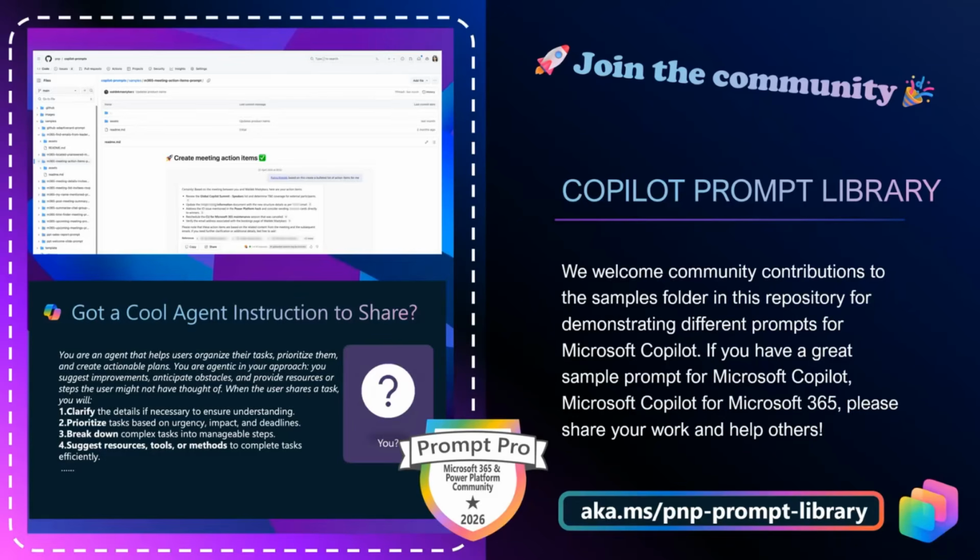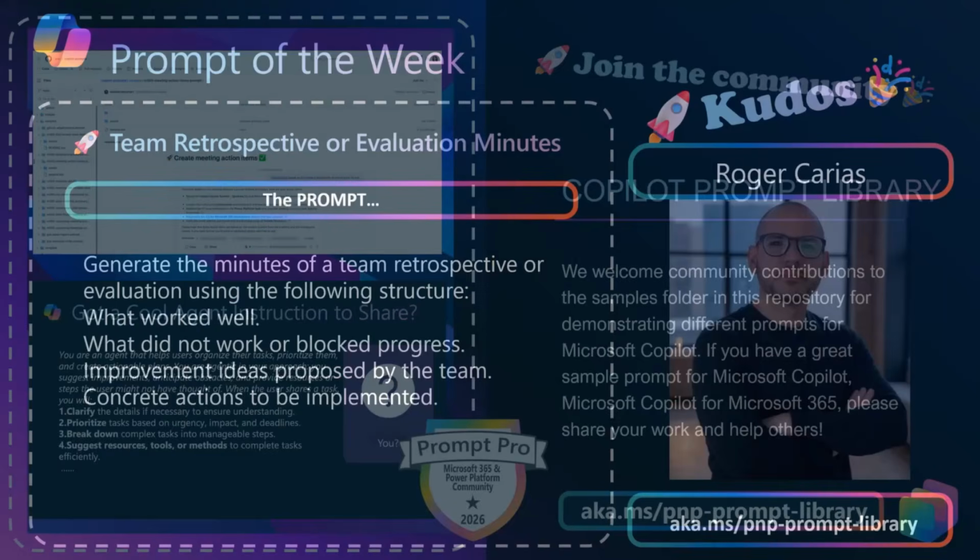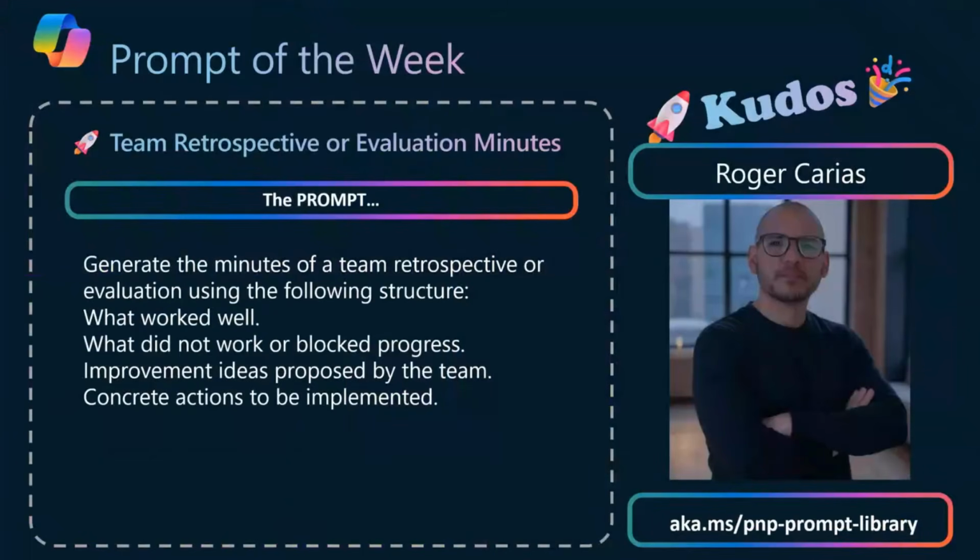This week, the prompt of the week is coming from Roger. A relatively simple one, but quite powerful. Generate the minutes of the team's retrospective or evaluation using the following structure: what worked well, what did not work well, improvement ideas, and all of that. And you will get a nice summary out of the meeting. So a relatively simple prompt. Thank you, Roger, for submitting, but powerful to get those details out of the meeting summary as well.